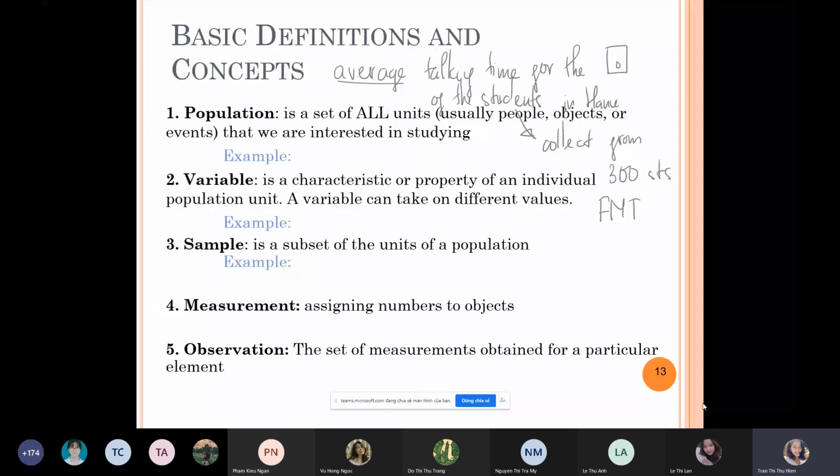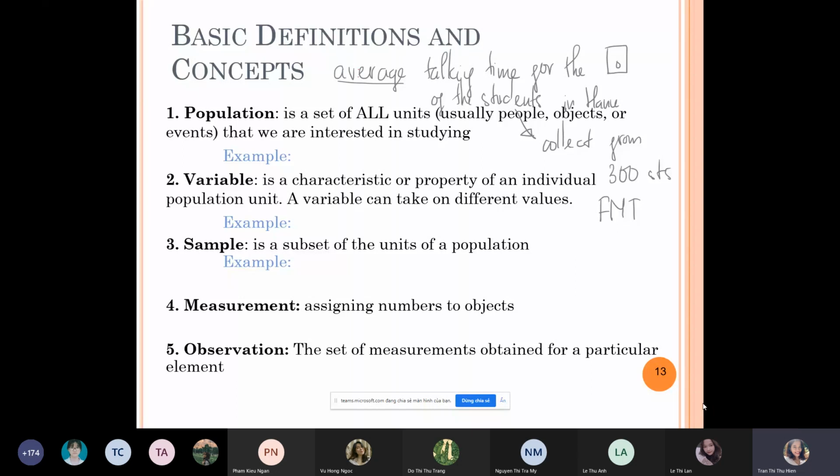Okay, so what is the population and what is the sample here, class? I would like to find the average talking time for the smartphones of the students in Hanu, but because of time, the cost, and other considerations, it's very hard for me to collect all those hours from every student in Hanu.